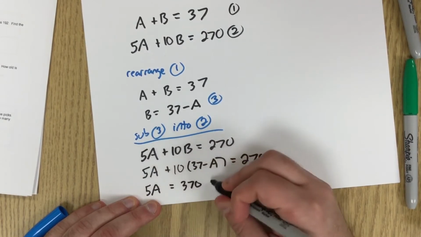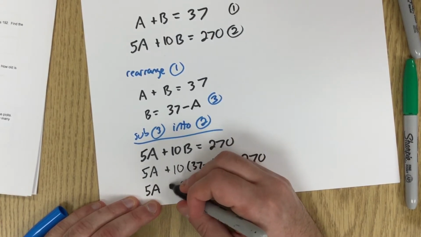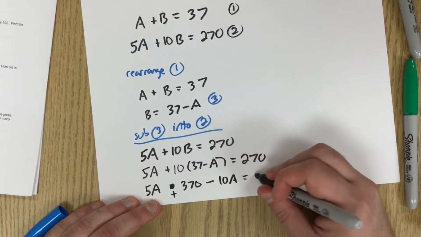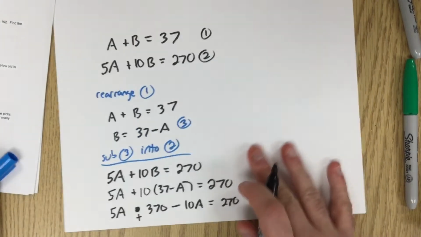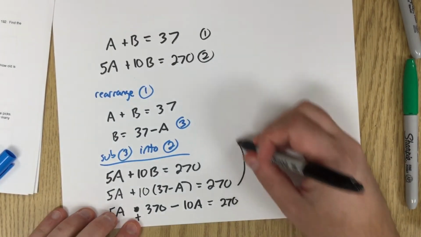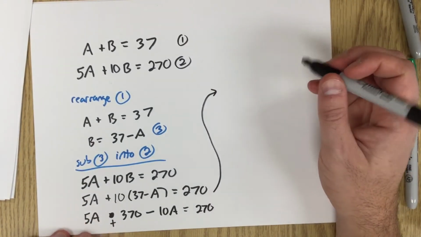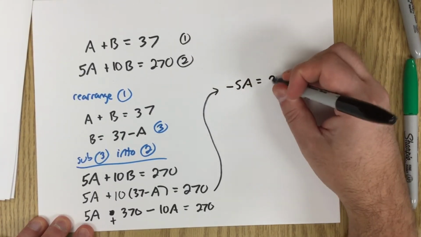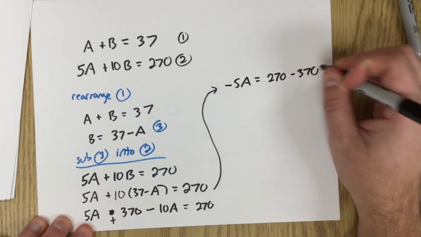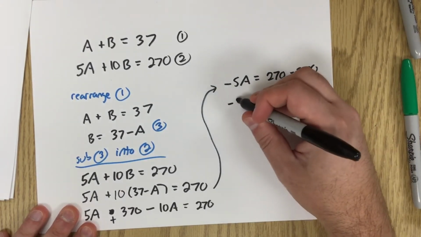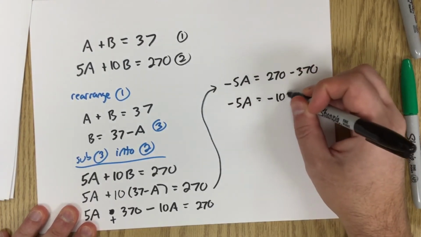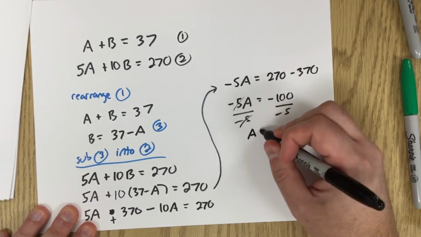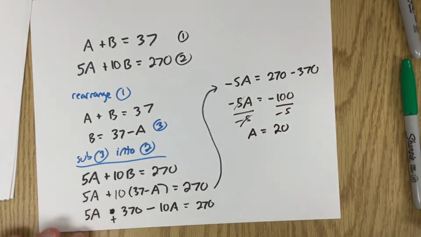So 5a plus 370 minus 10a equals 270. 5a minus 10a is minus 5a. Here we have 270 minus 370, so minus 5a equals minus 100. Divide both sides by minus 5. A negative divided by a negative is positive. A equals 20.